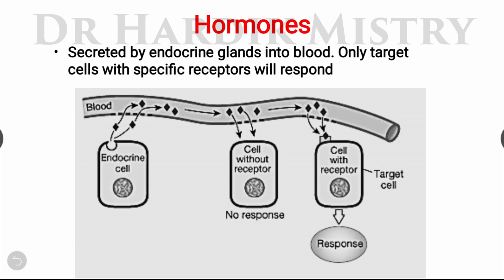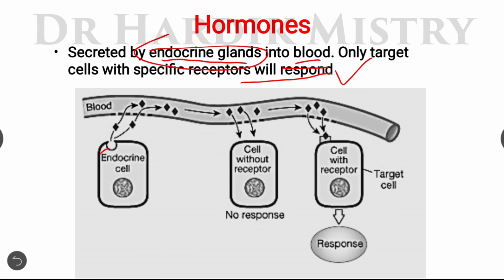Now, what is a hormone? It is secreted by the endocrine glands into the blood. Only target cells with specific receptors will respond. Whatever the endocrine glands directly secrete into the blood, these chemical substances are called hormones, and only the target cells with specific receptors will respond to that specific hormone.